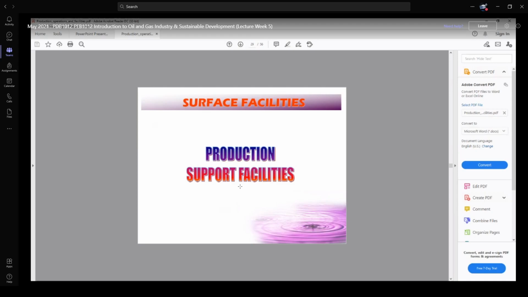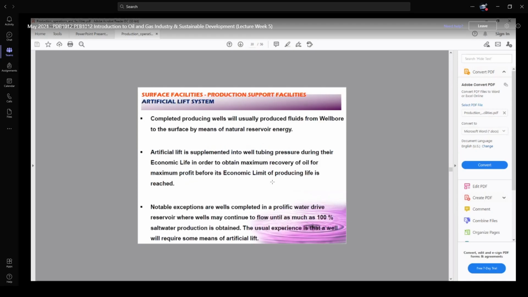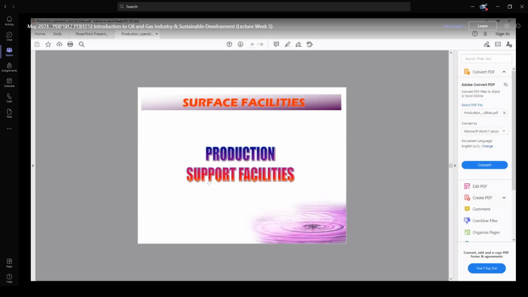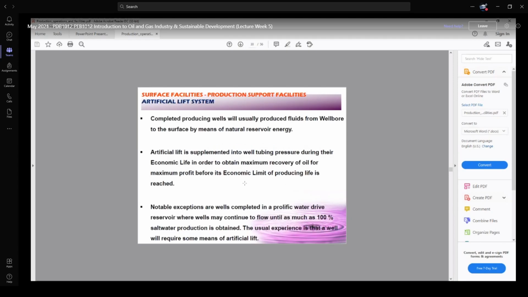Now, production support facilities. Support means that with the passage of time, the oil or gas production is going to drop, due to the reduction in the hydrocarbon or reservoir pressure. In that case, we have to maintain our production requirements.